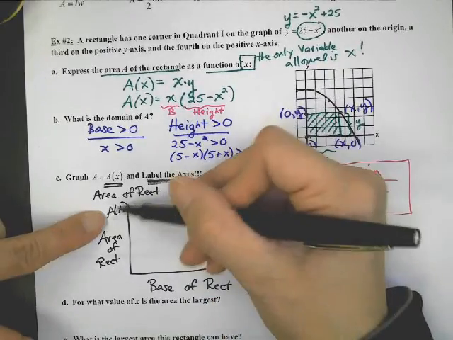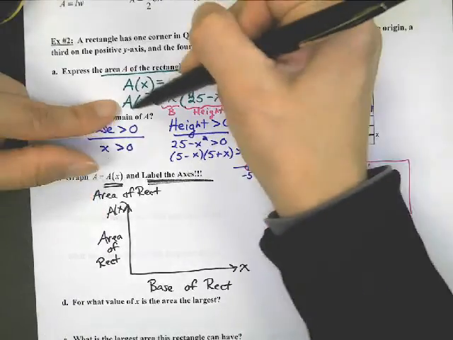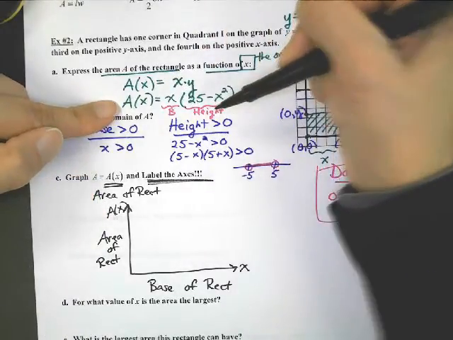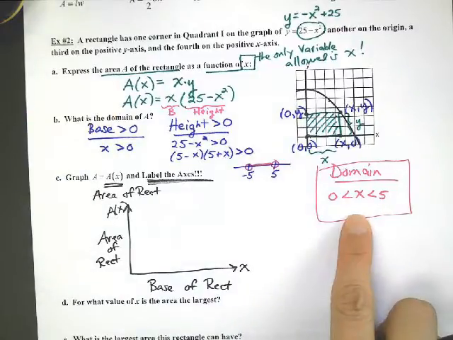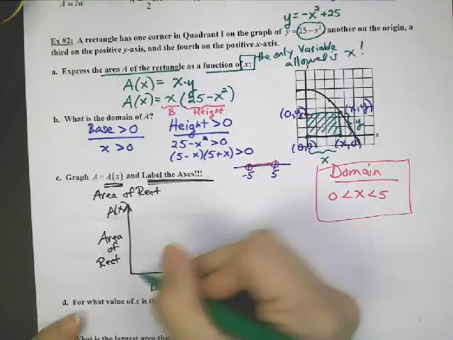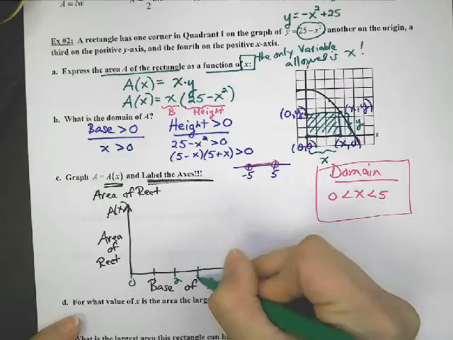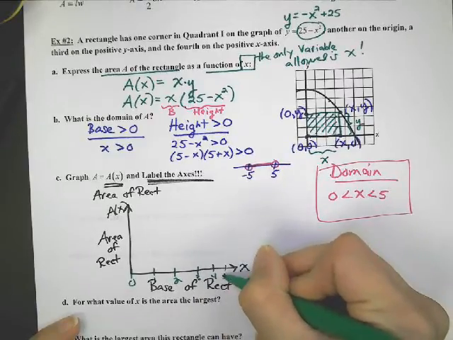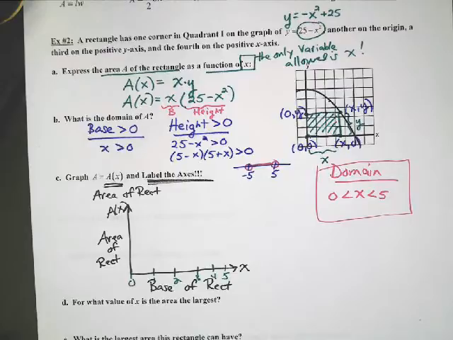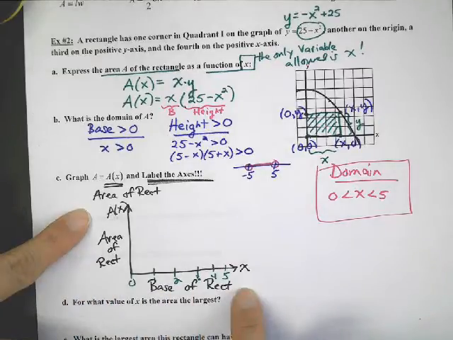Okay, so your A of x, that's usually pretty obvious, represents area. So we're looking at this equation right here, the area equation. Now let's take a look at the domain. Since the domain was between 0 and 5, it makes sense if my x-axis goes from 0, 1, 2, 3, 4, and 5. Okay, at this point, everything should be labeled.